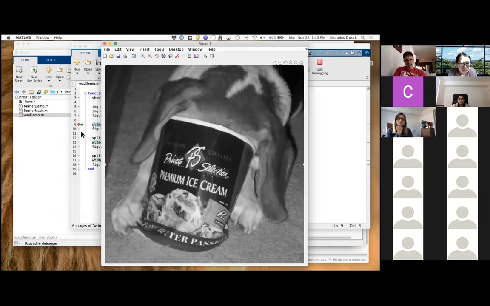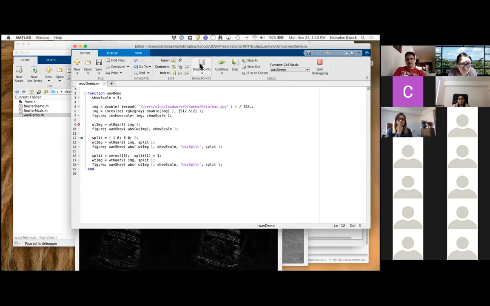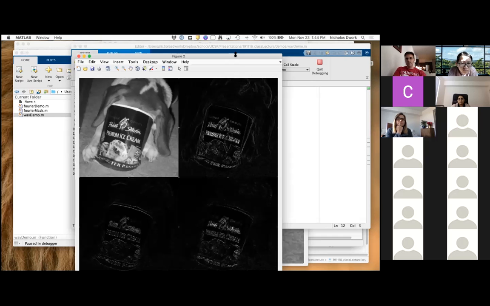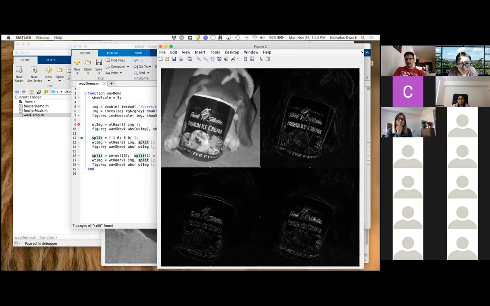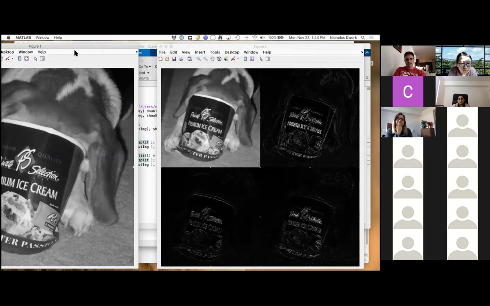He was a lovely dog. And now what I'm going to do is take the wavelet transform of this picture. And when I do that, I get this. This is the wavelet transform of Bacon, right?